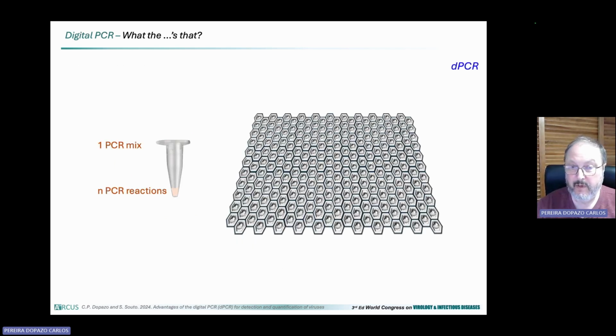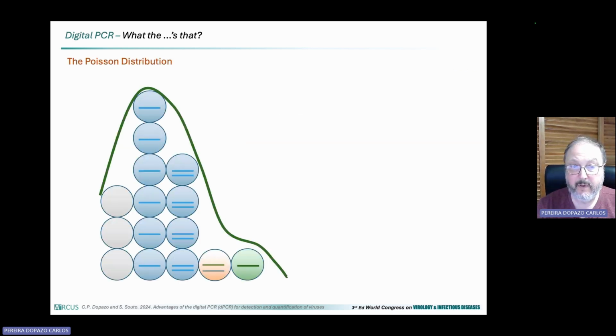After the amplification, we are going to obtain a number of drops with positive fluorescence. We use, let me go back again, we use two labels for labeling two types of templates.